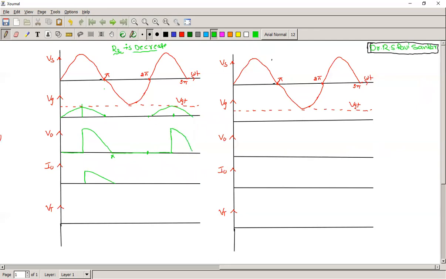That is this waveform, starting from 3 pi, with omega t on the x-axis. In the same manner, if you draw the current waveform, because the load is resistive, it is the same waveform but the magnitude will be less.